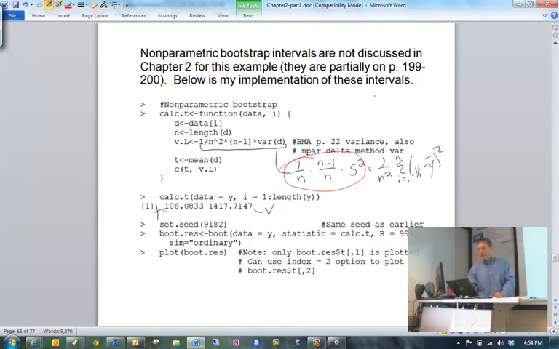So normally, if I wanted to estimate the variance of y bar, of course, we would use s squared divided by n. If I use then the biased estimate of the variance, then that's why you have that 1 over n times n minus 1 over n times s squared. Now, why am I using that?